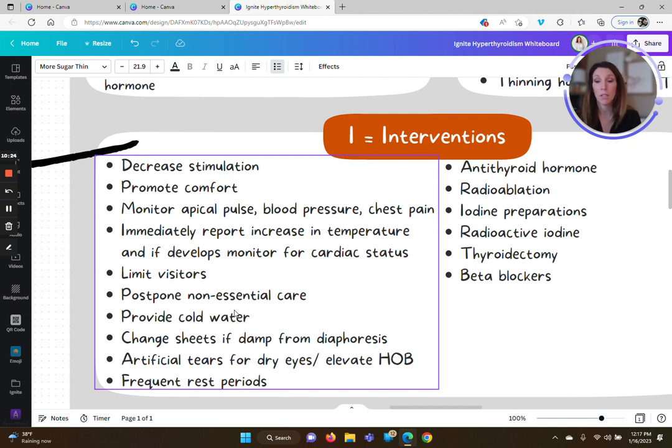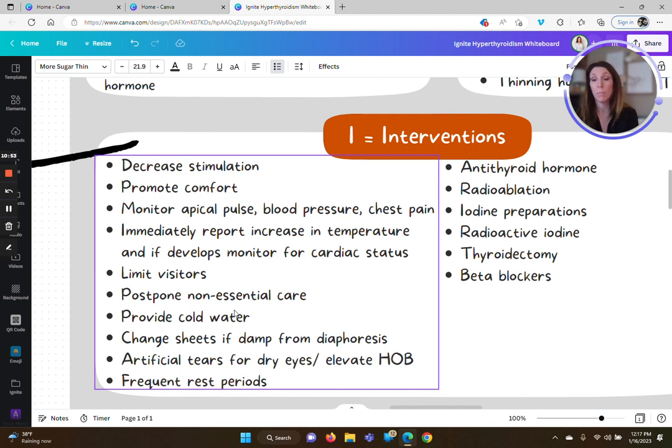And then we need to monitor their apical pulse to really make sure everything is working like it should be and we're not hearing abnormal rhythms, rates, things like that. Monitor their blood pressure because like we said, they could have high blood pressure. And then we need to monitor them for chest pain because we don't want their underlying problem to lead to actual cardiac damage. And if they have chest pain, that really needs to be addressed quickly.